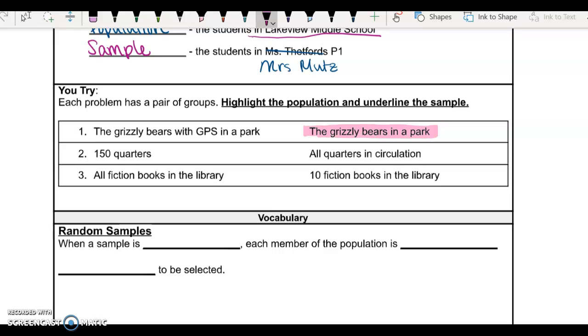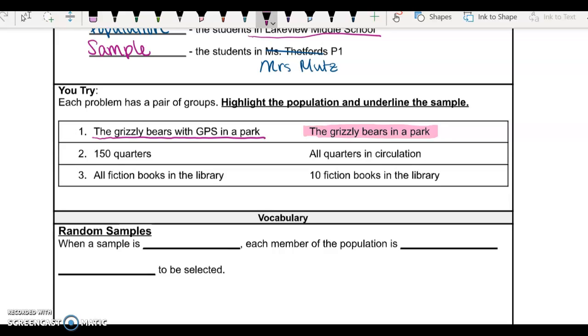The sample would be the ones that have those GPS locators on them, so that allows for people to track them. They don't have GPSs on every single grizzly bear in the park, so that's just a small sample of the overall grizzly bear population in that park.